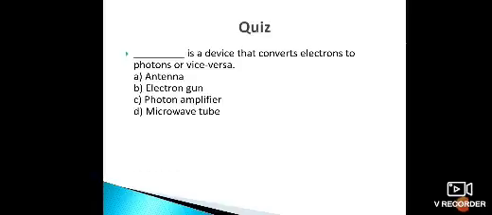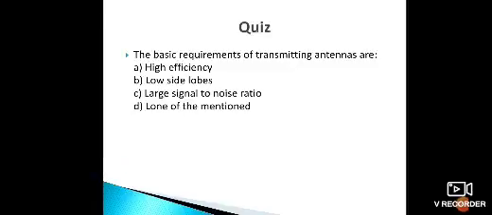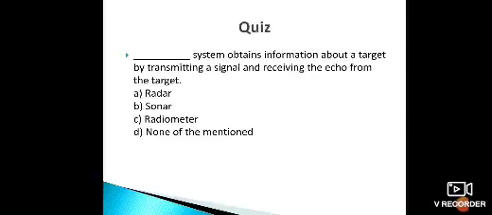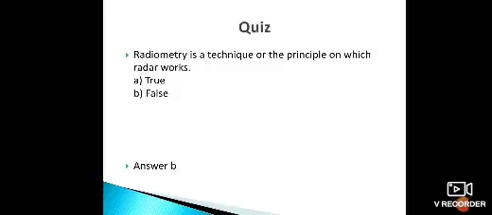In this session I have covered a number of topics: what is the duplexer, what is the need of the duplexer, and what are the main functions of the duplexer.